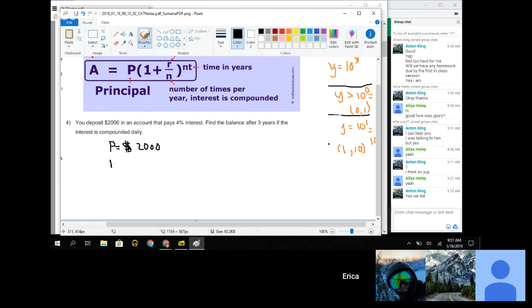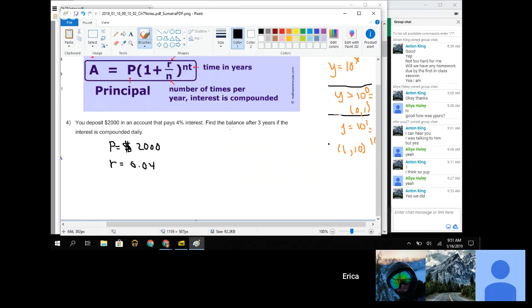What I always say about percents is that percents look pretty, but in math, we never actually use them for anything. We always use the decimal or fraction form. So instead of writing 4% interest, we're going to write our rate as 0.04. We never actually use percent when we're doing math, just pretty.